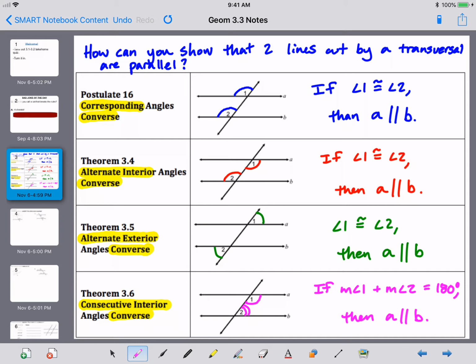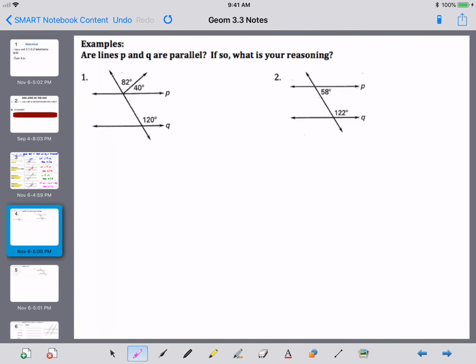All right, so we're going to look at some examples here. The first one deals with just figuring out if these lines are parallel. Well, if P and Q are parallel, that would mean this angle would have to be the same number of degrees as this angle. And if I add these two acute angles together, that tells me this is 122 degrees.